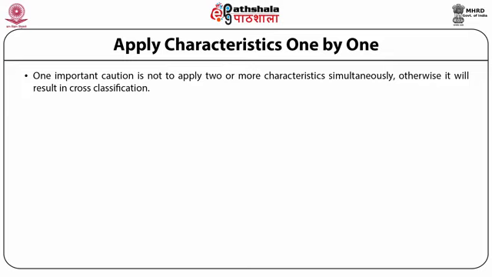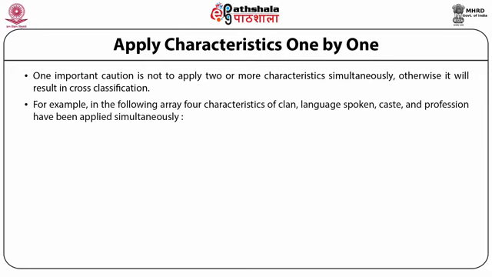One important caution is not to apply two or more characteristics simultaneously, otherwise it will result in what is called cross-classification. The array that we produce will not be homogeneous. For example, in the following array, characteristics like language spoken, caste and profession have been applied simultaneously.